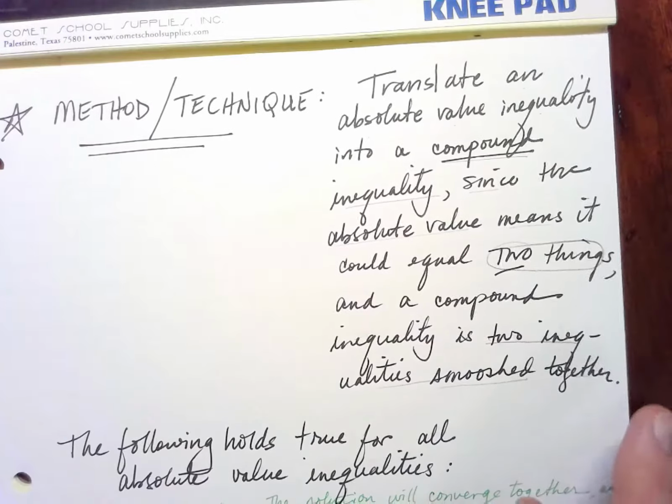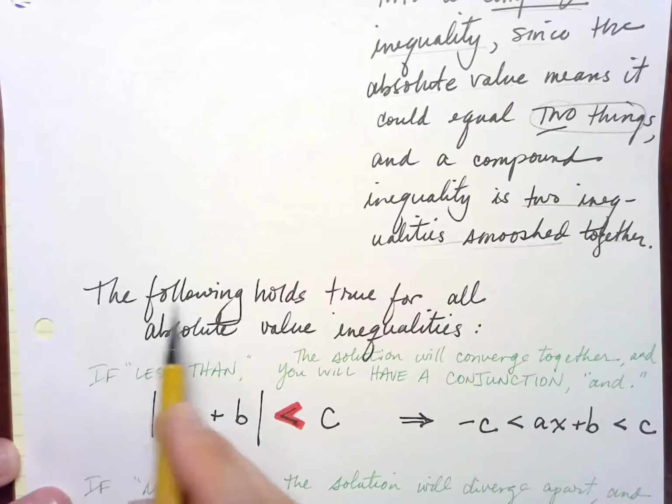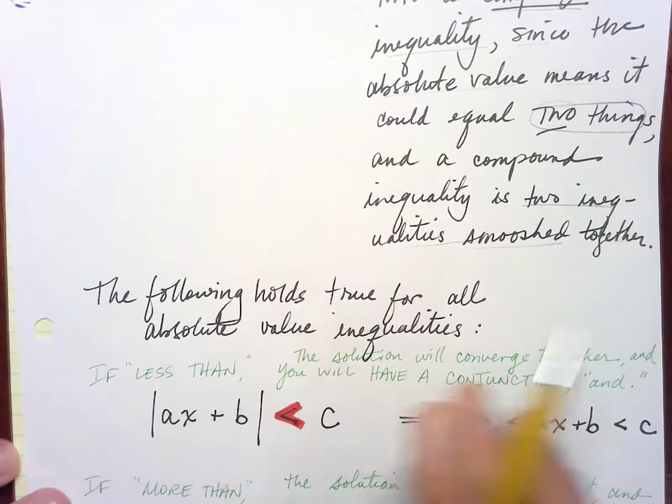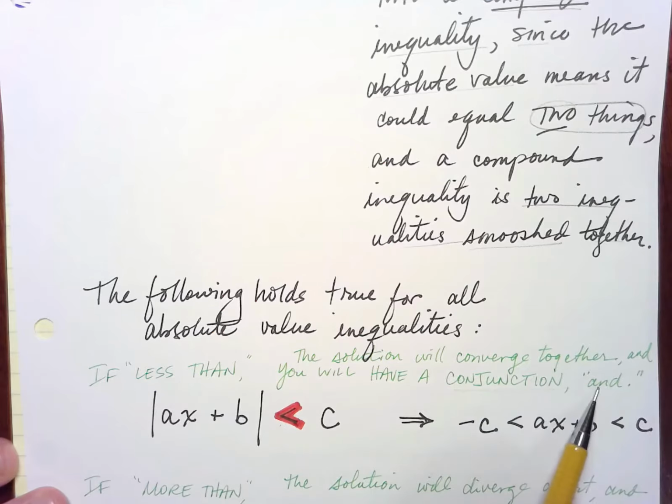Make sense? Seems very logical. So the following holds true for all absolute value inequalities. If it is less than, just like this symbol right here, the solution will converge together, and you will have a conjunction, an and statement.